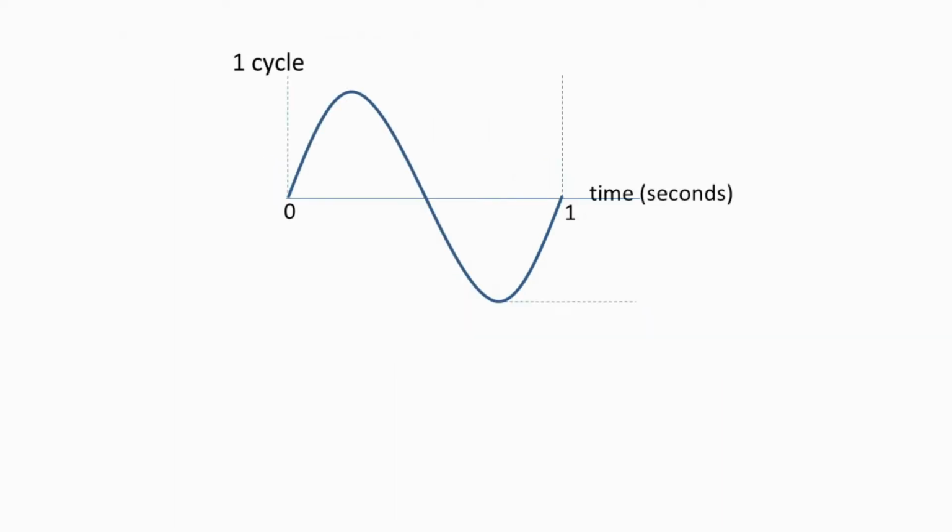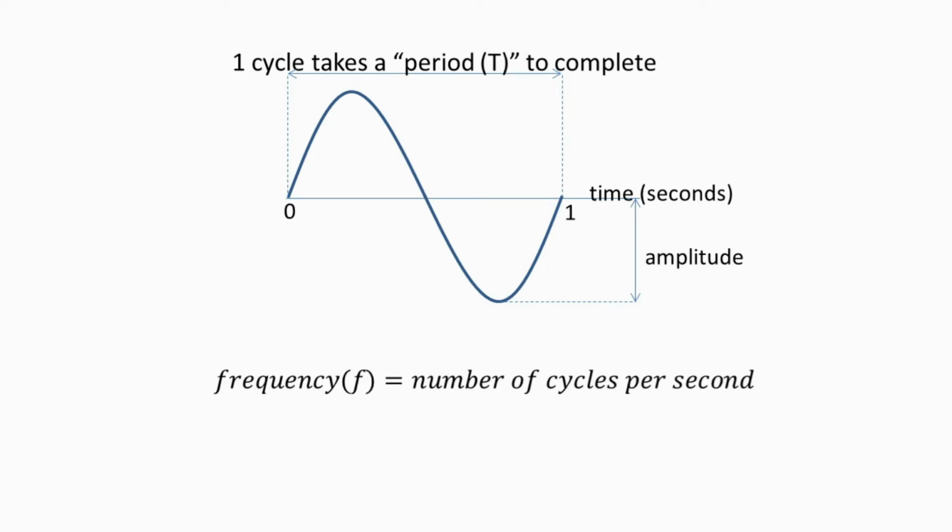If the sine wave has 1 cycle that it travels in a second, that means its period takes 1 second to complete. The amplitude, of course, is how big the wave is. Now, the number of those waves in a second will equal the frequency. So if I have 50 of these cycles, as you can see on the screen, per second, the frequency will be 50 hertz.